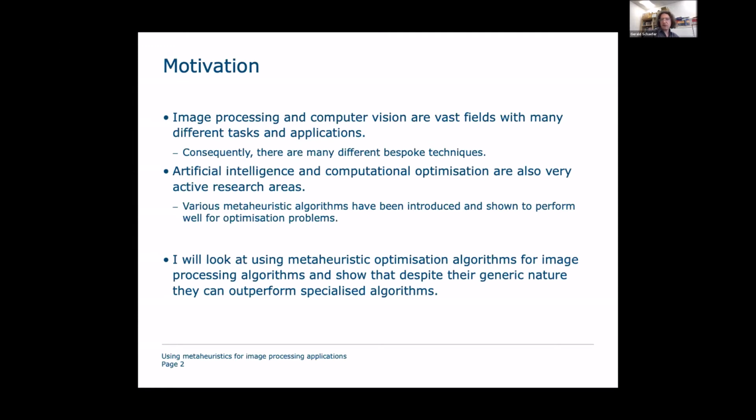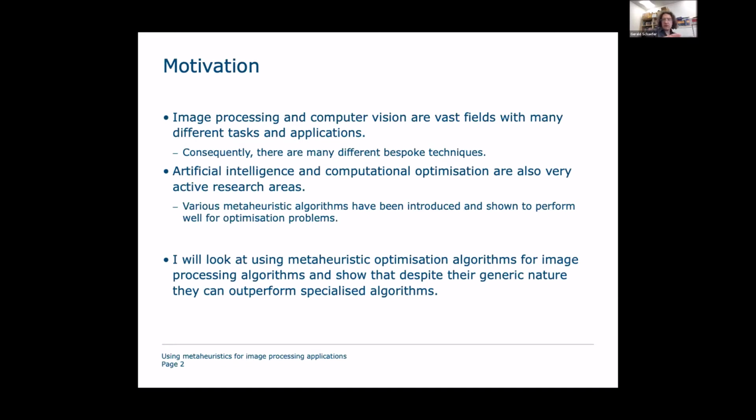And again, when we're looking at computational optimization, a lot of work has been done. It's also a huge field, and a lot of optimization techniques, a lot of metaheuristics have been introduced in the literature, and they've also been shown to work quite well for a variety of optimization problems.